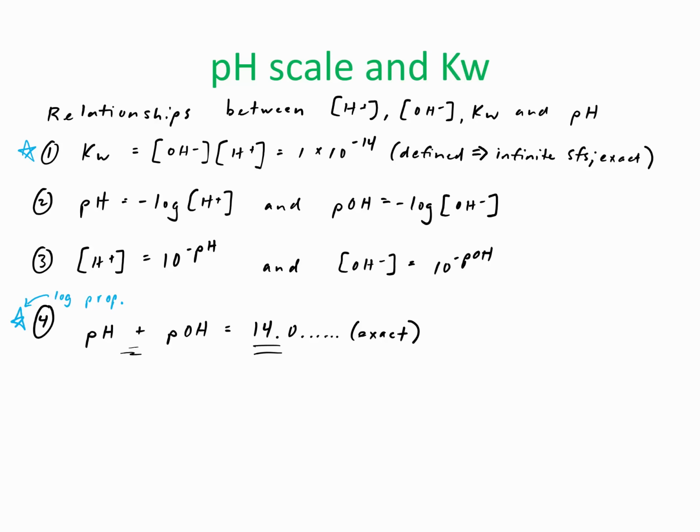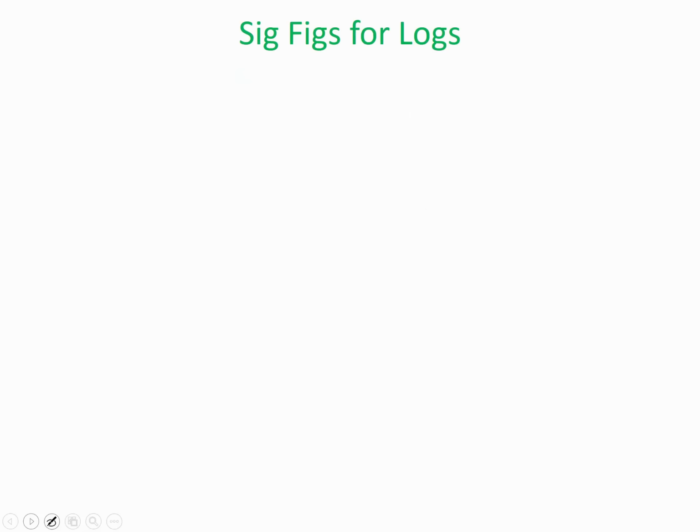Okay, one more thing on how sig figs work when you're doing logs. So this is sig figs for logs. If you have the hydronium concentration, and let's say, for example, the pH was 6.77, and you want to convert that to hydronium concentration. It would be 10 to the negative 6.77. So here's how this works.